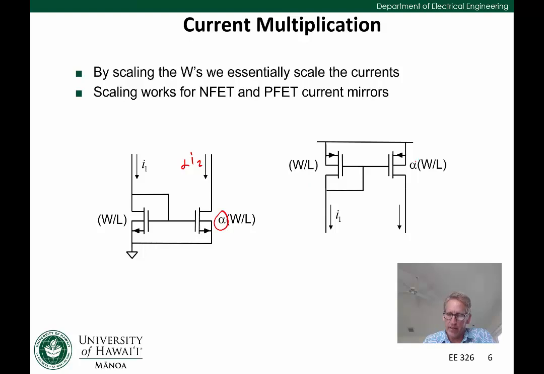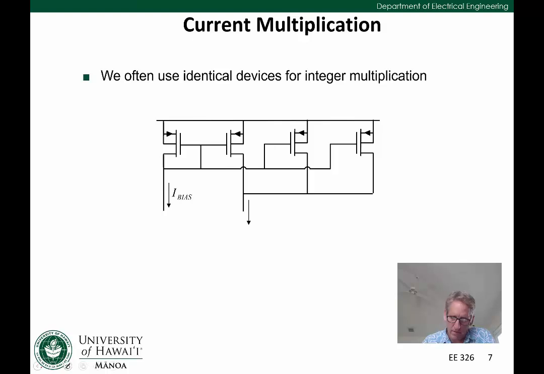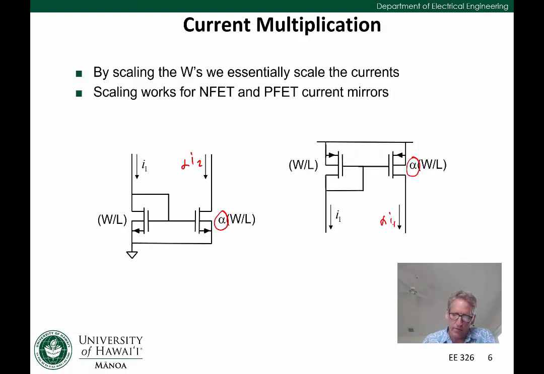And we can see that, again, in this example, if we scale our W over L by alpha, then our current scales to become alpha I1. So this should be alpha I1 here. Okay. So that's just an effective way to move current around and to scale current at the same time.